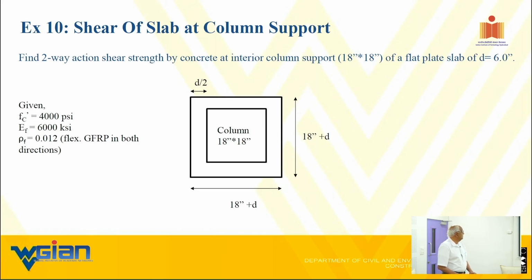So this is the two-way action shear strength by concrete at an interior column support. What you're looking at is an 18 inch by 18 inch column with an effective shear transfer area of 18 plus d.